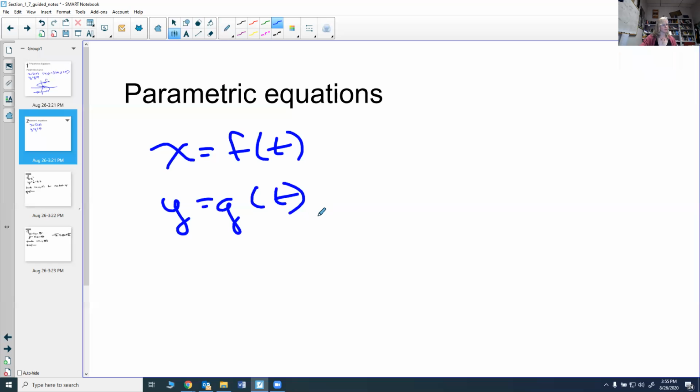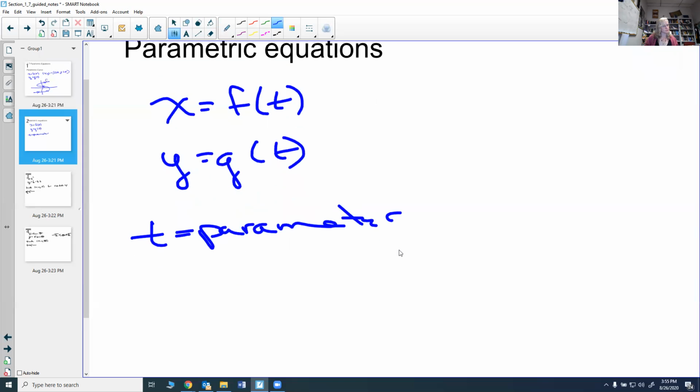We use these a lot in physics. Physics uses these all over the place, where you might have time as your one variable, and you're going to see where you are in space based on a certain time. Again, t is what we call the parameter. It doesn't always represent time, but I'm from a physics point of view, so to me that works better.